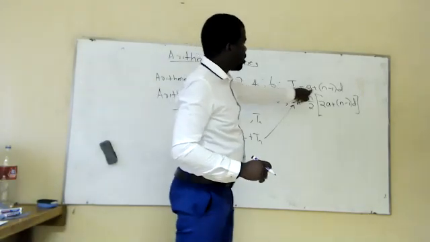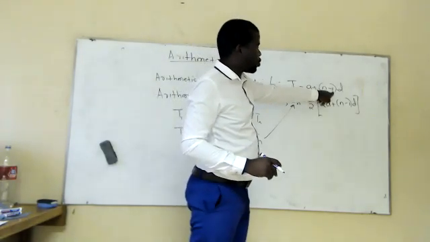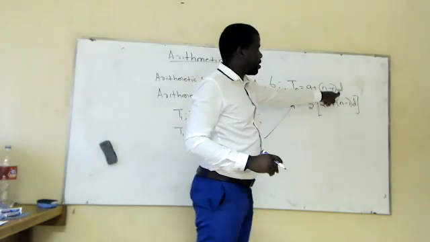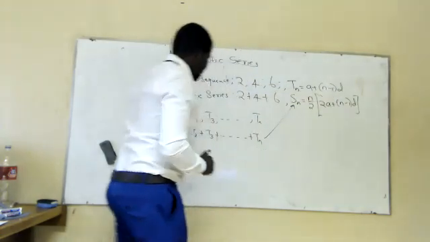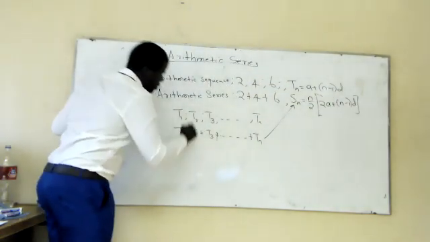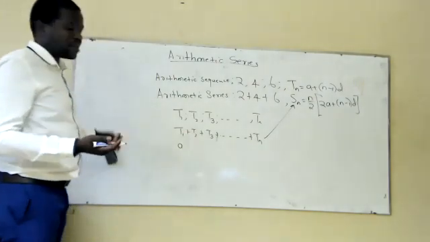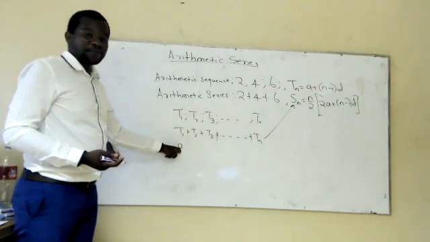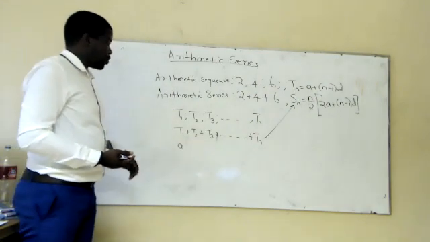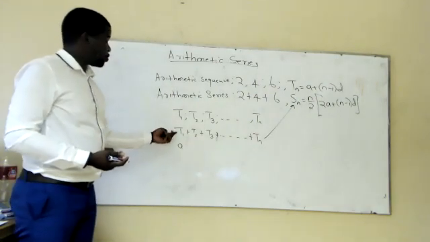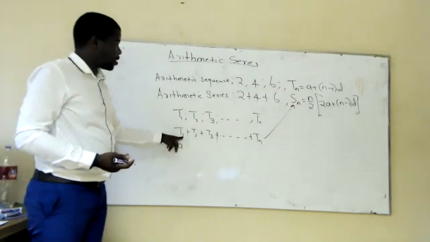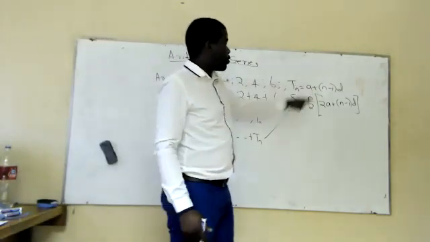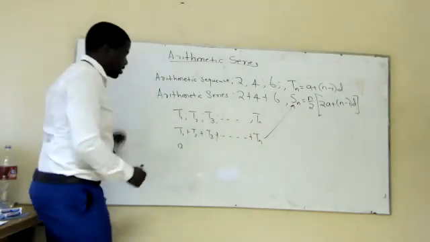So T1, you substitute the 1 there. 1 minus 1 gives you 0. 0 times D is 0. Therefore, for the first term, you can replace by A. That first term is the same as A. I'm just proving to you that if you substitute 1 in this formula, you're going to obtain A, which stands for the first term.